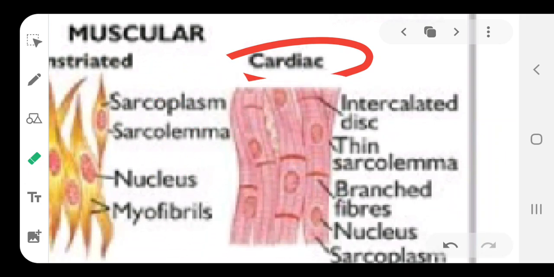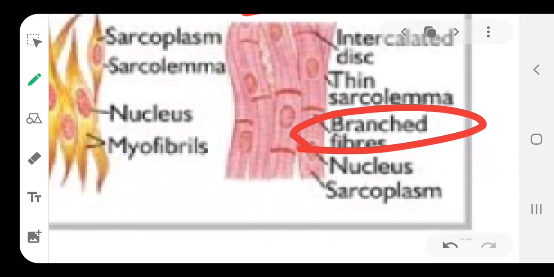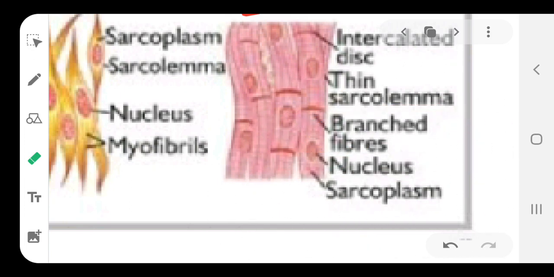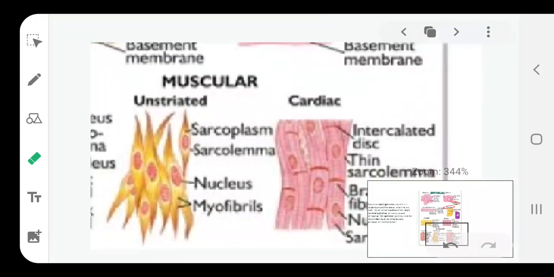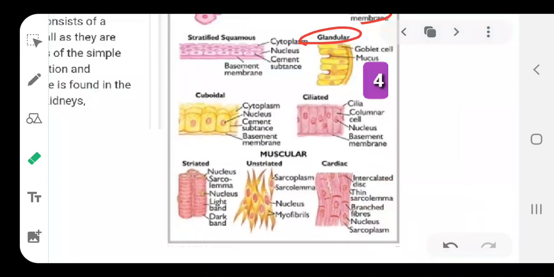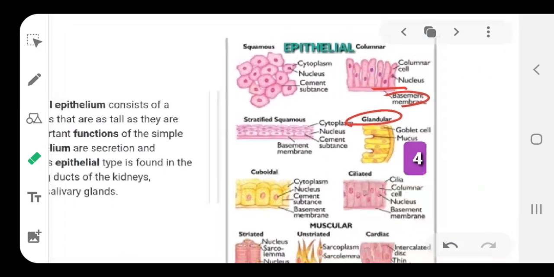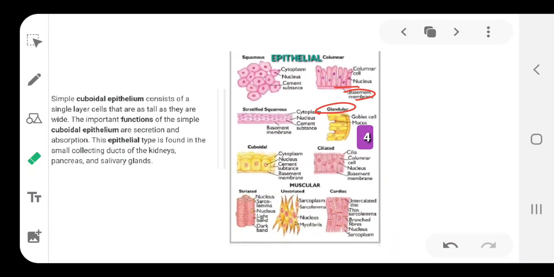Then again they have thin sarcolemma, then they have branched fibers, and then nucleus and sarcoplasm. These terms are quite repeating in muscular tissue. That gives you some idea of how the labelings are for these tissues. Again, draw them properly, look at the diagram from your textbook, and thereafter label them properly and write them.